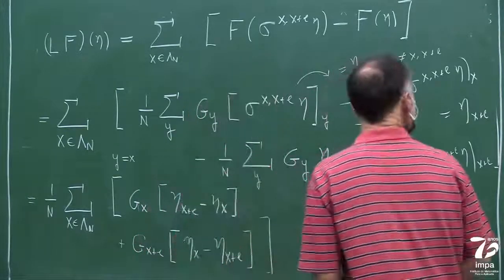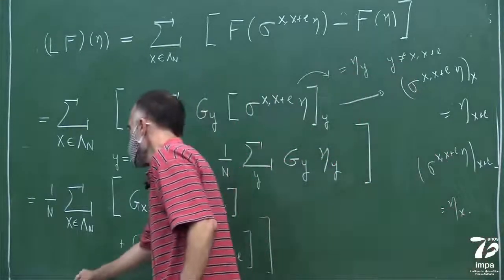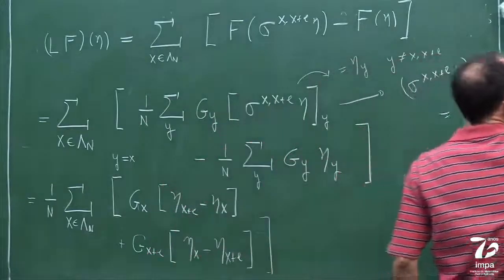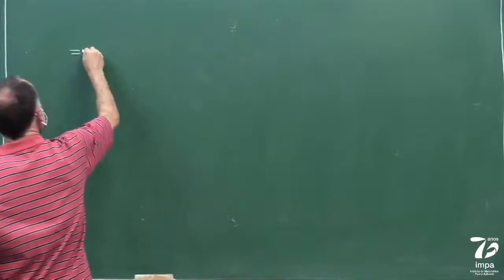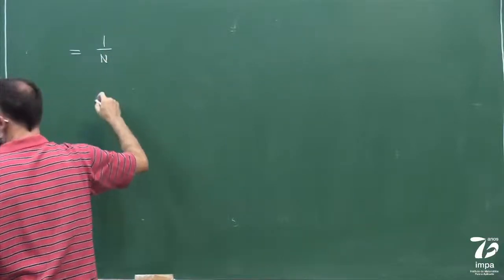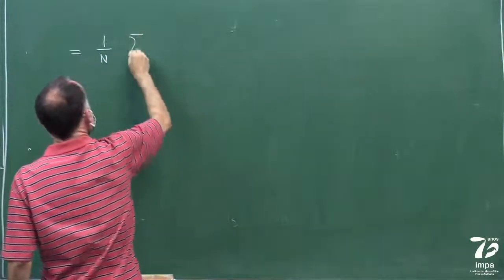So in conclusion, this is equal to 1 over n, the sum over x.